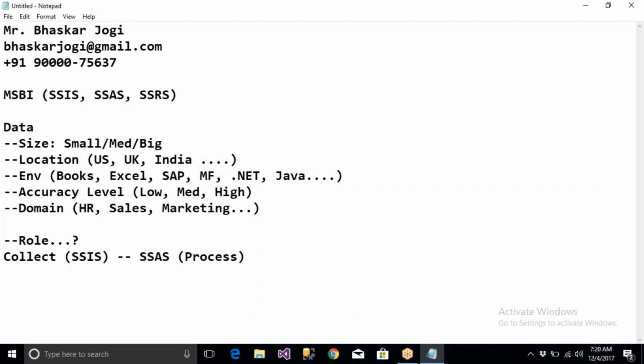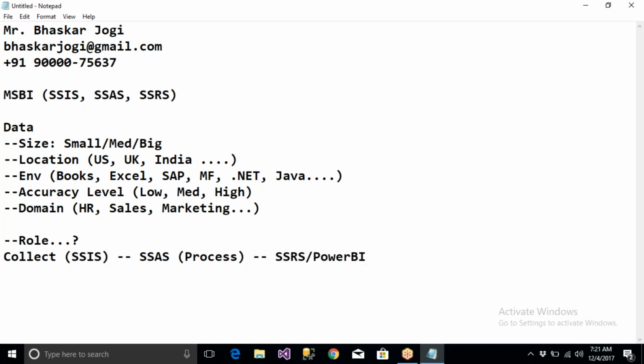Because if you don't pre-compute the data, you're definitely going to waste a lot of time during the visualization part. The next step is you're going to give the data to SSRS, or nowadays people are also taking Power BI, right?